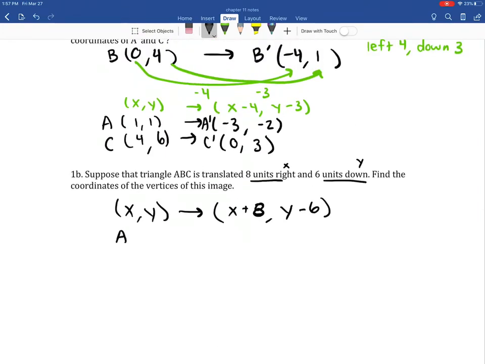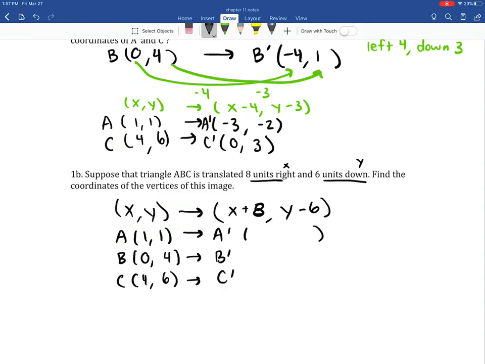So let's start with our original coordinates. We're going from the same problem, so A is (1, 1), B is (0, 4), and C is (4, 6). And I'm going to perform my transformation to find my new coordinates, my A prime, B prime, and C prime. 8 plus 1 is 9. 1 minus 6 is negative 5. 0 plus 8 is 8. 4 minus 6 is negative 2.